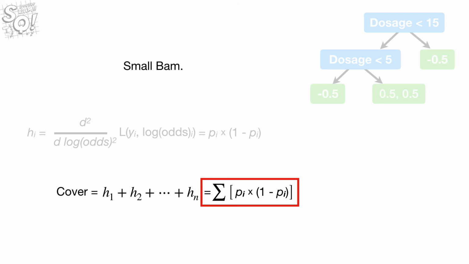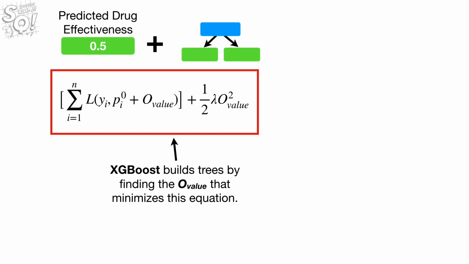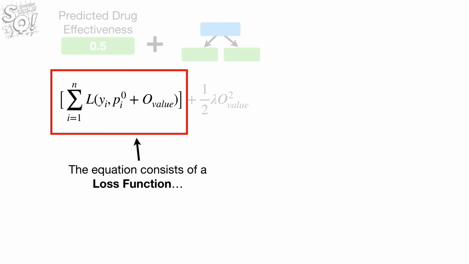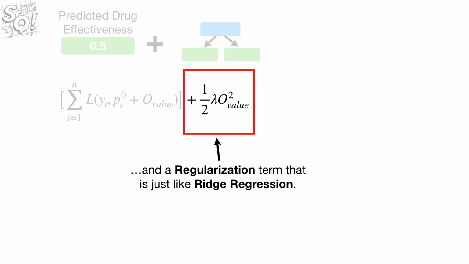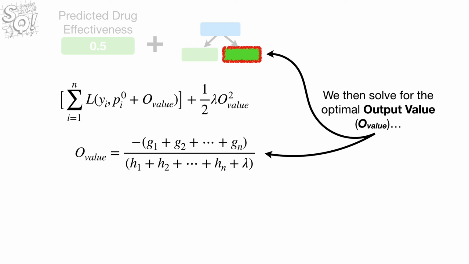Small bam. In summary, XGBoost builds trees by finding the output value that minimizes this equation. The equation consists of a loss function and a regularization term that is just like ridge regression. We then solve for the optimal output value.